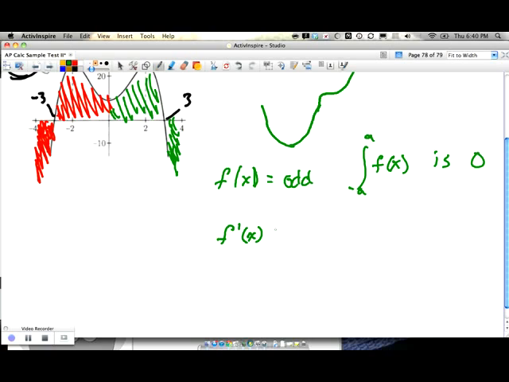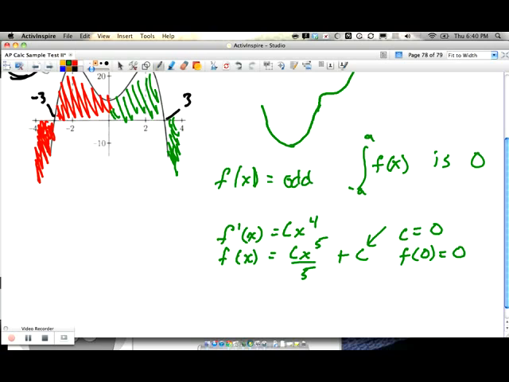Well, then that means that f of x, the antiderivative of that, would equal c times x to the fifth over 5 plus c. But c equals 0 because f of 0 equals 0. That means that this is an odd function, and the area of an odd function is always going to be the same on the left as it is on the right. And this negative side is going to cancel out the positive side.